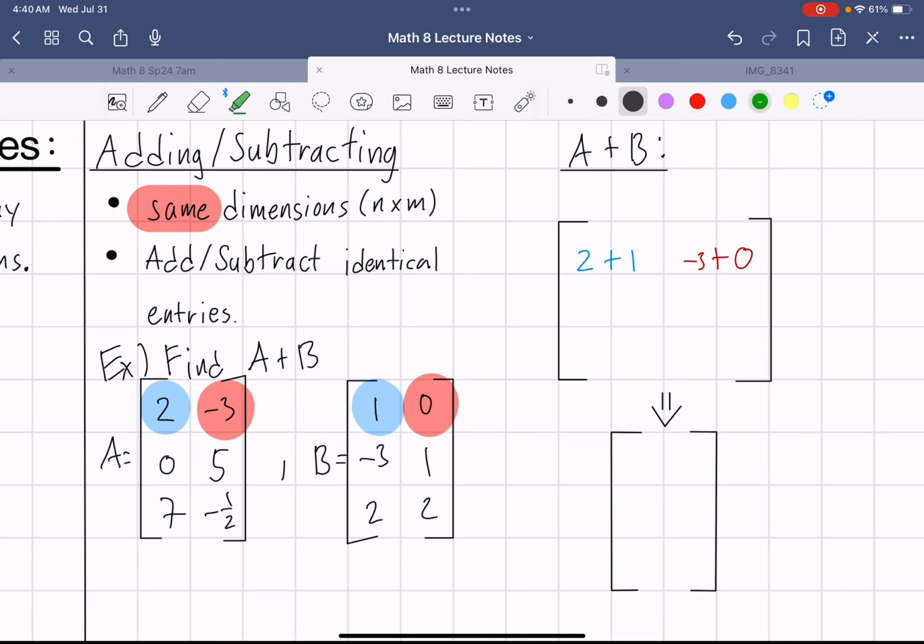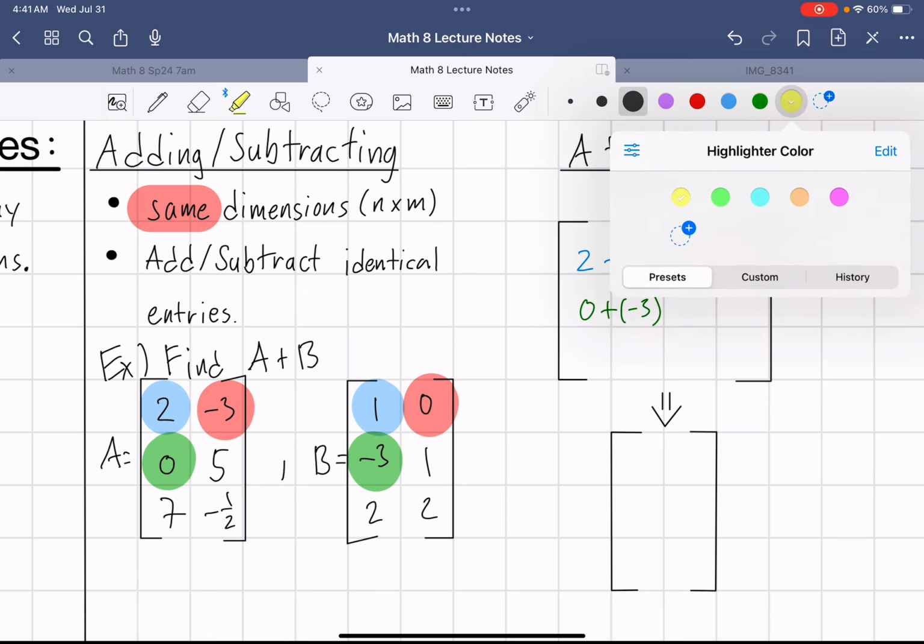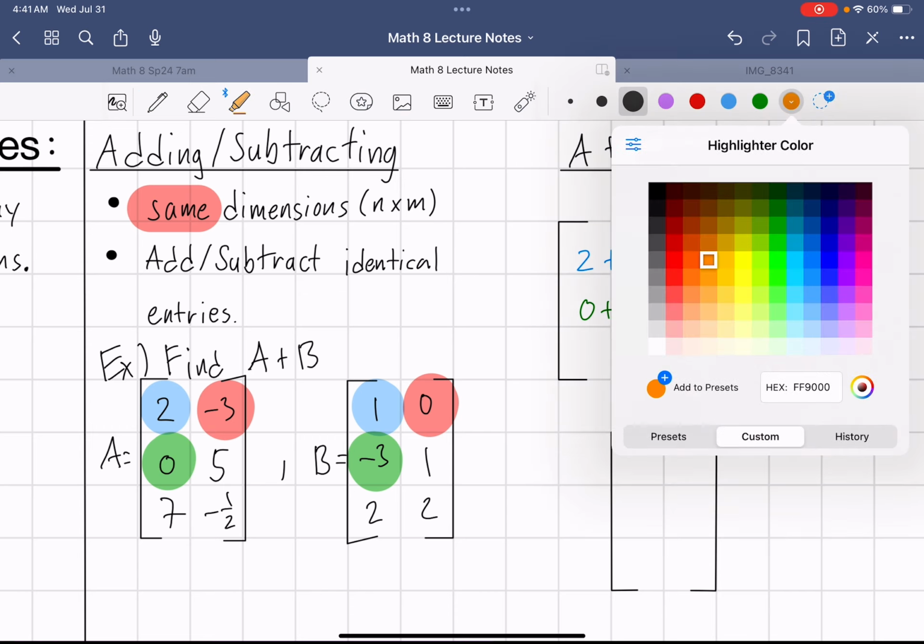And I'm trying to color code them so you can see that we are applying each entry. 0 plus -3, put that in parentheses. And then, let me change the color, it's going to be 5 plus 1.